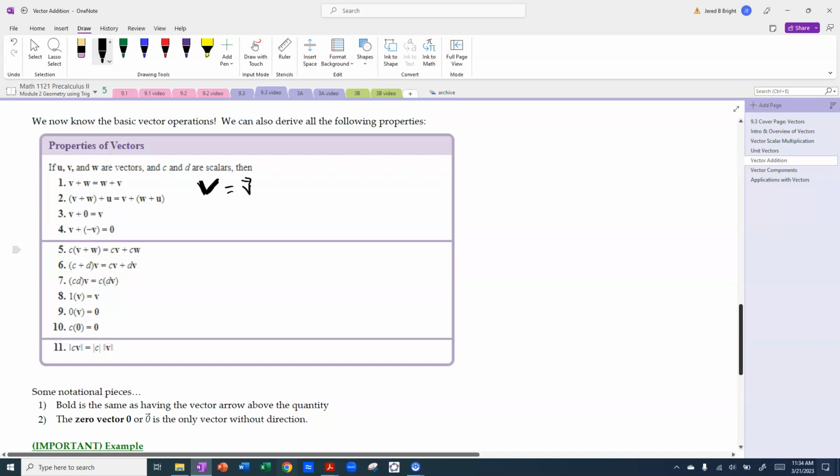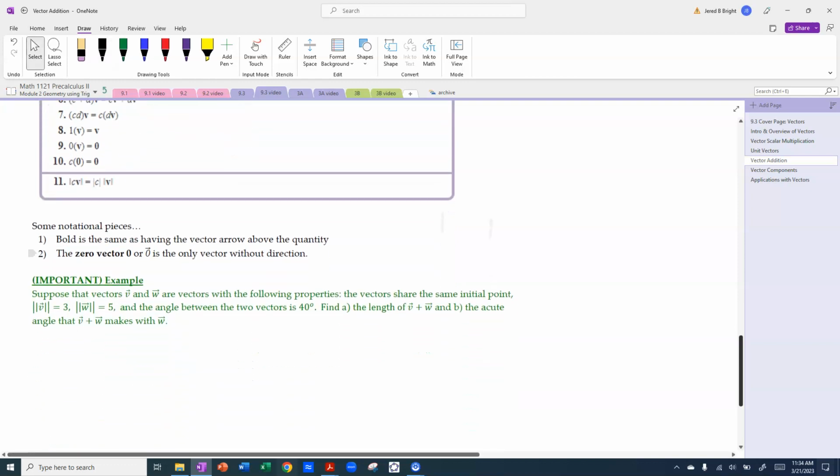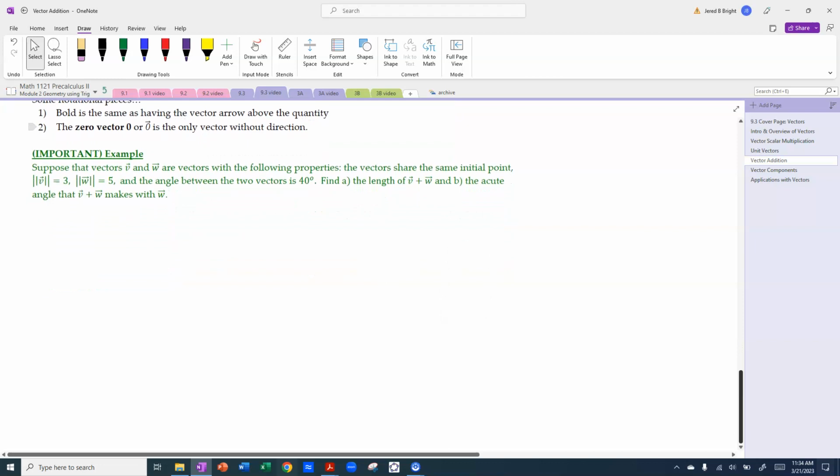The other thing that you'll see in these properties is a zero. That's called the zero vector. It's a vector whose magnitude is 0, but vectors also need direction. It has 0 magnitude, so it has no direction. Just something to keep in mind.